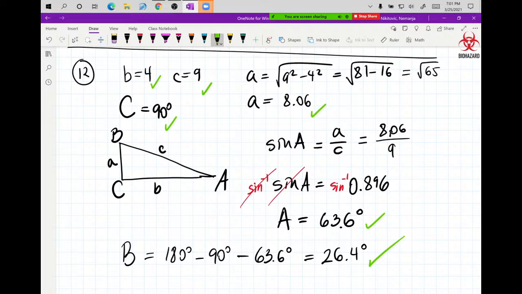Now, obviously, C equals 90 is always given because every triangle that we deal with right now is a right triangle. We are going to do this for general triangles, guys, but in chapter 6, right? We need to get to chapter 5 first. But we are going to learn 2 sections in chapter 6 that deal with the triangles that don't have the right angle.